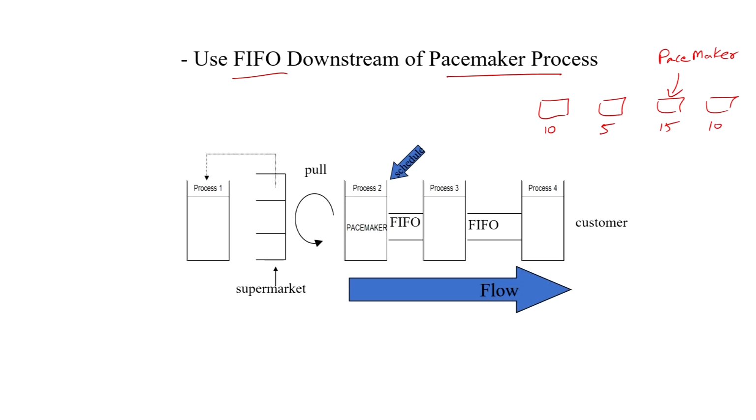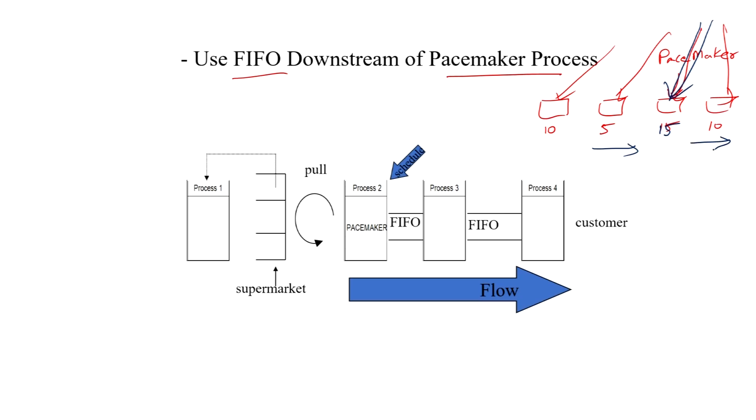So, with this pacemaker, the JIT philosophy says that there is no need to plan all these workstations independently. You only plan the pacemaker, and the rest will take care of itself. Whatever you decide for the pacemaker, it will pull the material from this side and push the material to the other side.